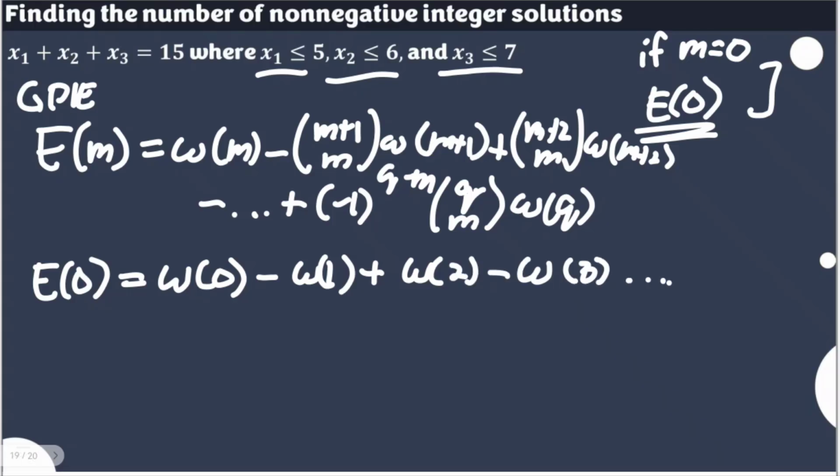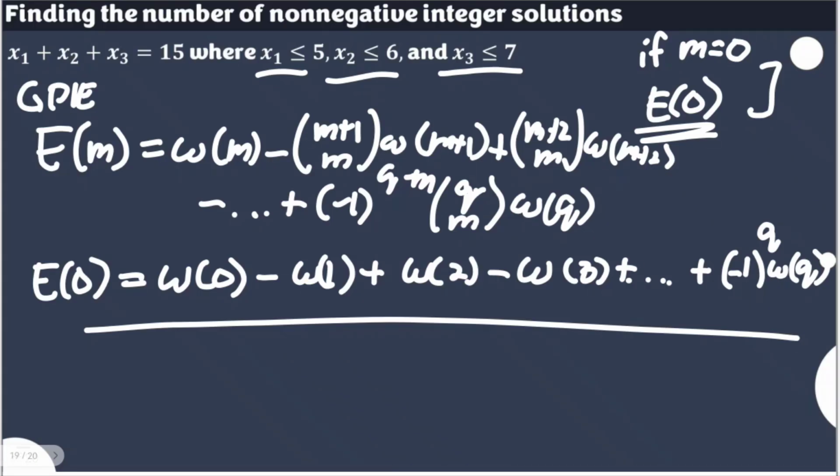The last one here is negative 1 raised to q, and then omega of q, because all of these combinations would become 1 once the r in our combination is 0. So this is even easier than that. But how do we attack this so that we can use this implementation?